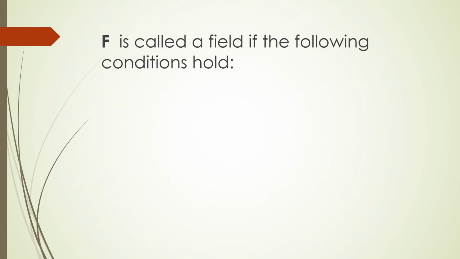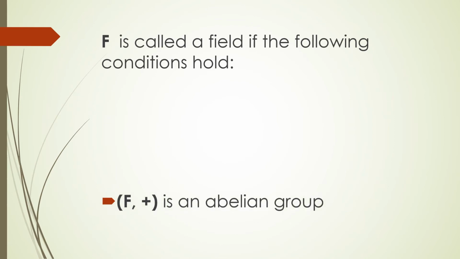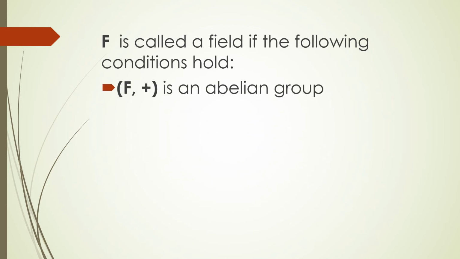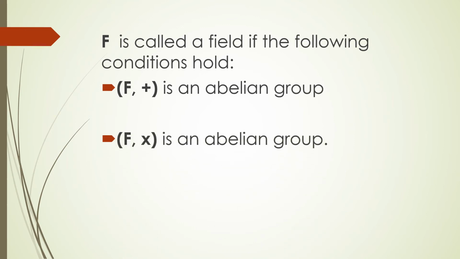F is called a field if the following conditions hold. F under addition is an abelian group. F under multiplication is an abelian group. And of course, it should be linked by a distributive law. So these are the three conditions that need to be met for F to be considered a field.